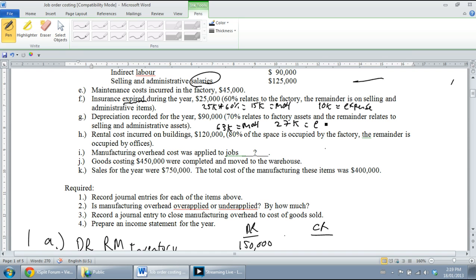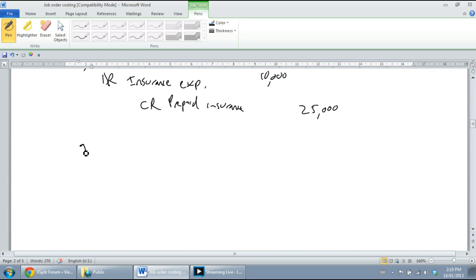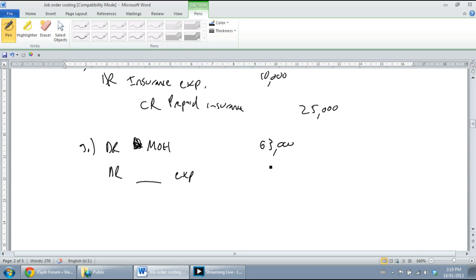So that means 27K gets expensed. So depreciation, also called amortization. I'm going to debit MOH for $63,000. I'm going to debit the expense, something expense, leave a little space there, for $27,000.